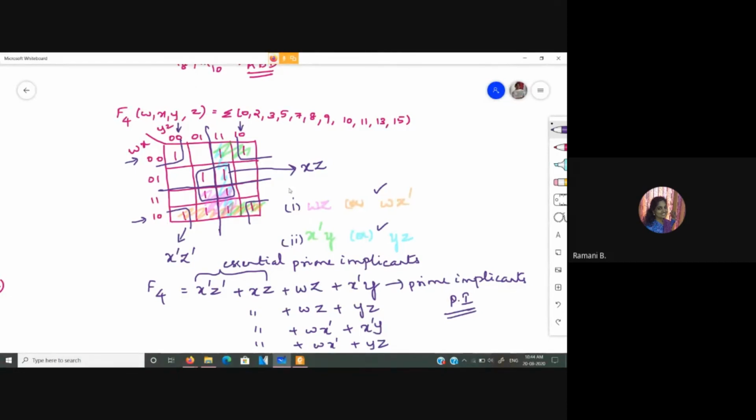Any grouping giving you a term, we call those prime implicants, and we call certain prime implicants essential ones because you don't have any other possible combination for that particular grouping. That is, for minterm 0, for covering this minterm, I have only this possible combination. I don't have any other possible combinations.